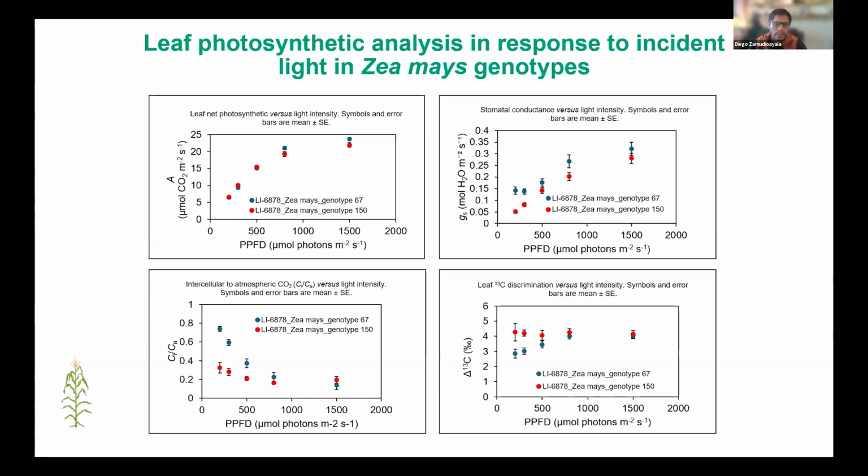And now our part was to test if this system is able to detect those differences, but in terms of their carbon-13 discrimination. And indeed, in the fourth graph, the one on the bottom right, we observe that the system is able to pick up those differences.